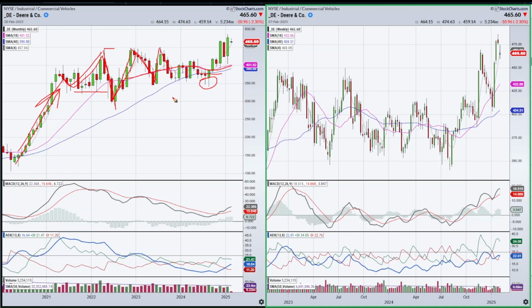So if you go by the letter of the law, because I give the examples of ones that are pulling back to a rising 18-month, well, then you would say that's really not an undercut and rally pattern. However, it meets all the other criteria, and I would still consider this to be in an uptrend.